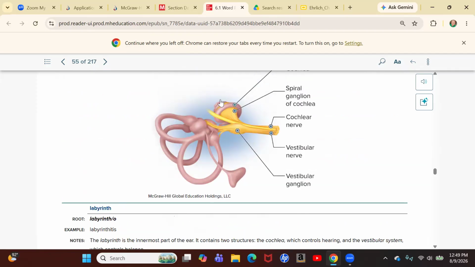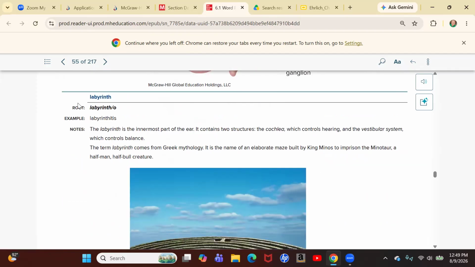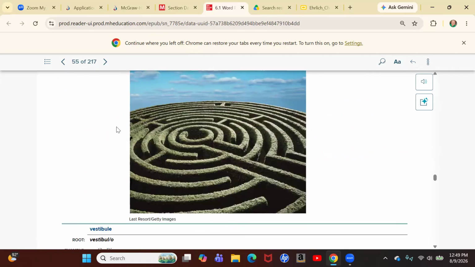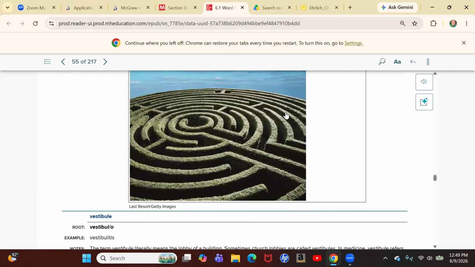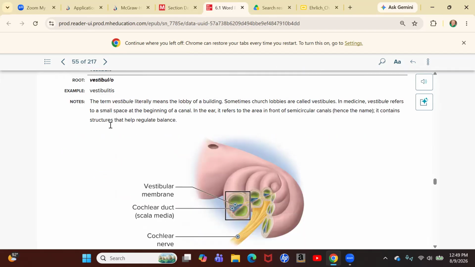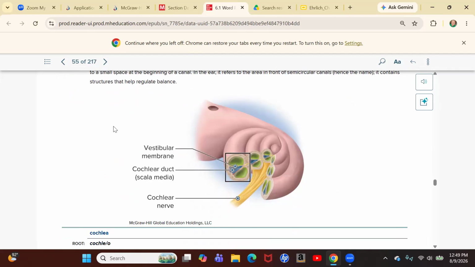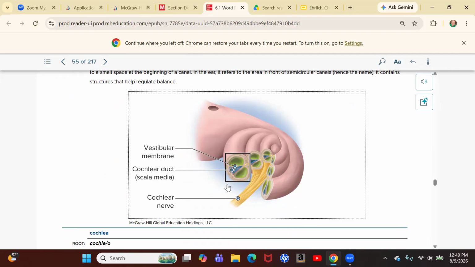Then we look at the inner ear. We spoke a little bit about this. The inner ear combining form is known as labyrinth. So labyrinthitis, inflammation of that innermost part of the ear. Okay, because it does kind of look like a maze in a way, so it's named after a labyrinth. And then the vestibule. Within the cochlea membrane, you have these internal vestibules, these little rooms.